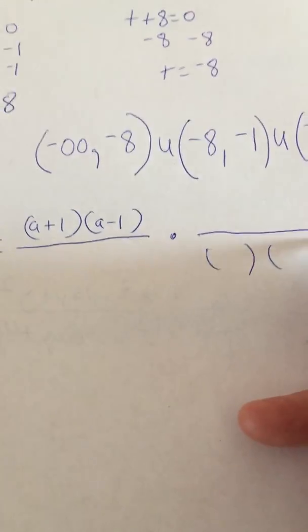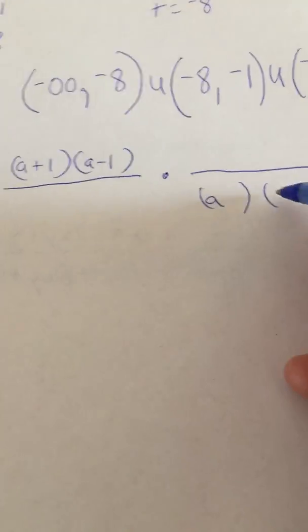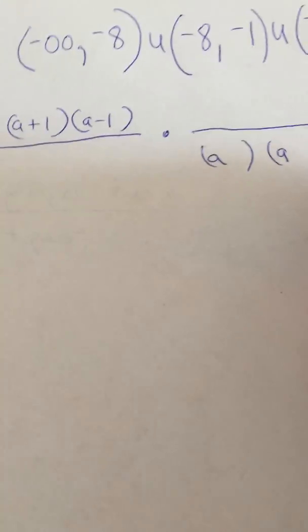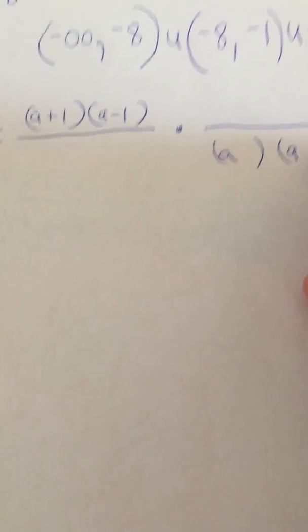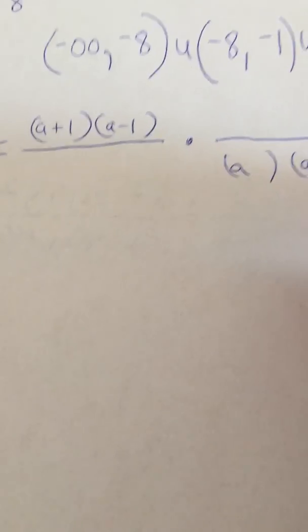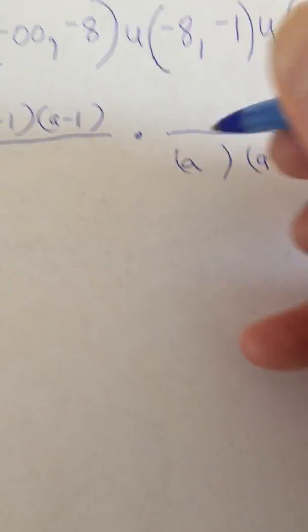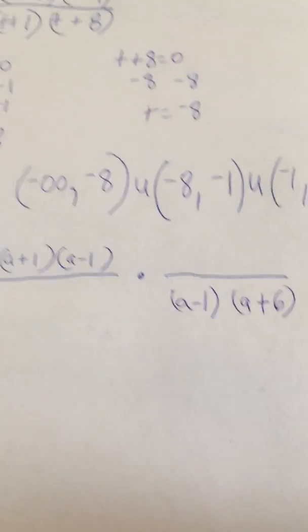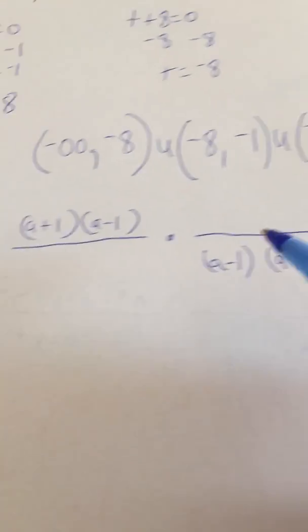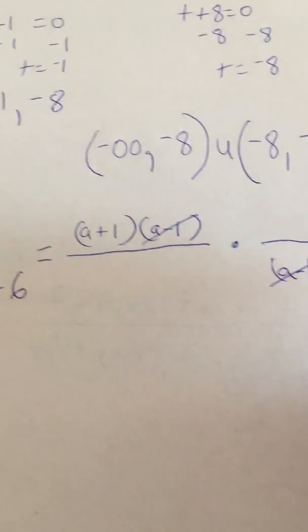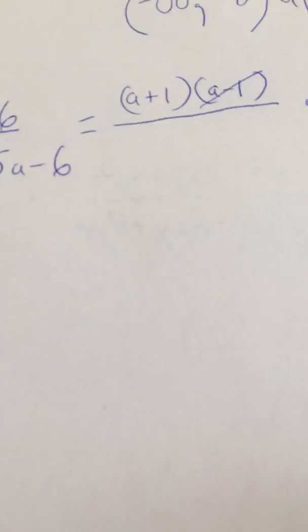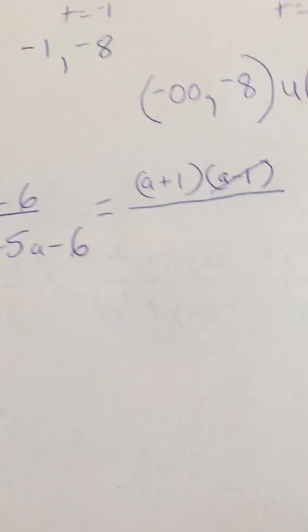I'm going to factor that polynomial. So a times a, and then it's going to be a -6, so I'm going to make the 6 that, just kidding, I'm going to make the 6 positive and the 1 negative. And already I can see that I'm going to cross these guys out. But that also helps me know what I want to do over here.